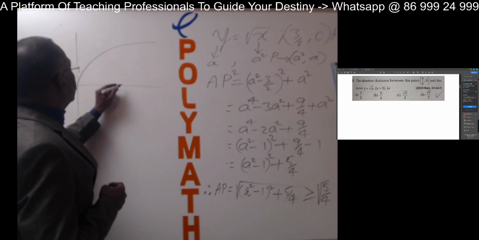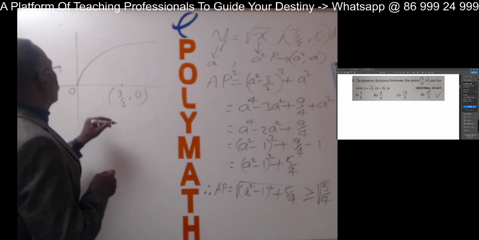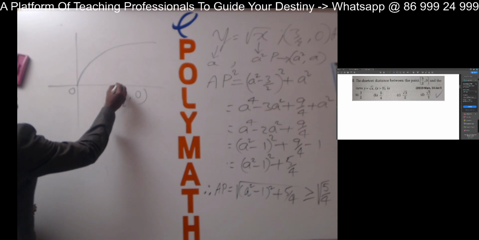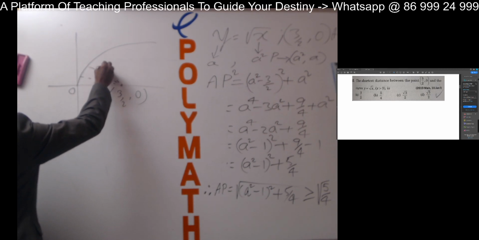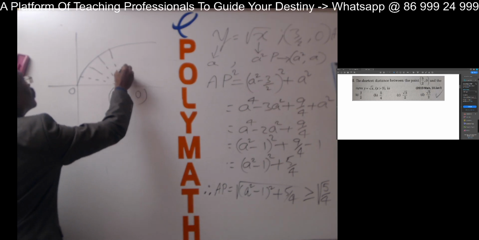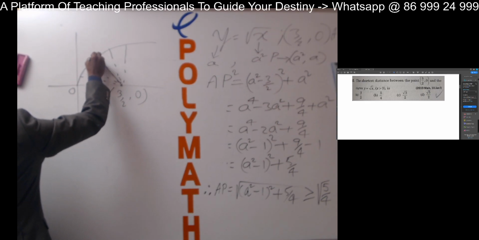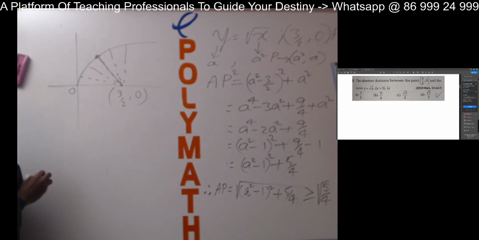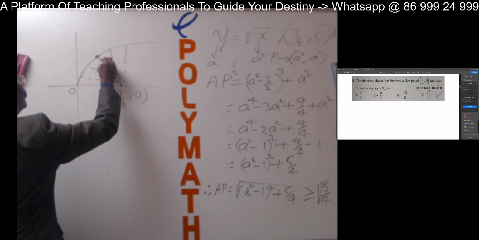What is the point there? 3 by 2 comma 0. Now, if you see the distances, there will be different distances here. This is the meaning of the problem I am explaining. Among all these, which is the smallest distance? The smallest distance is given to be root 5 by 2.